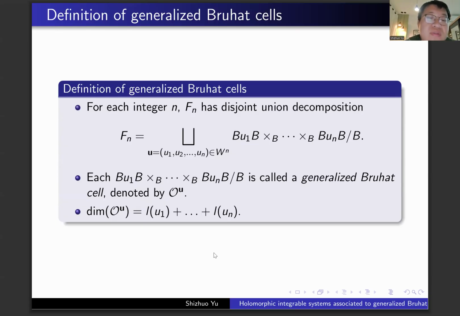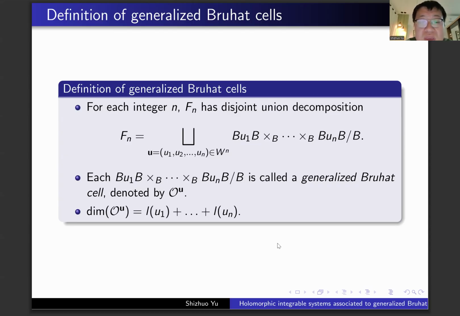Now we'll give the definition of the generalized Bruhat cell. The multi-flag variety also has a disjoint union decomposition, and it can be decomposed as n copies of the BuiB, quotiented out by the twisted action of B^n as well.